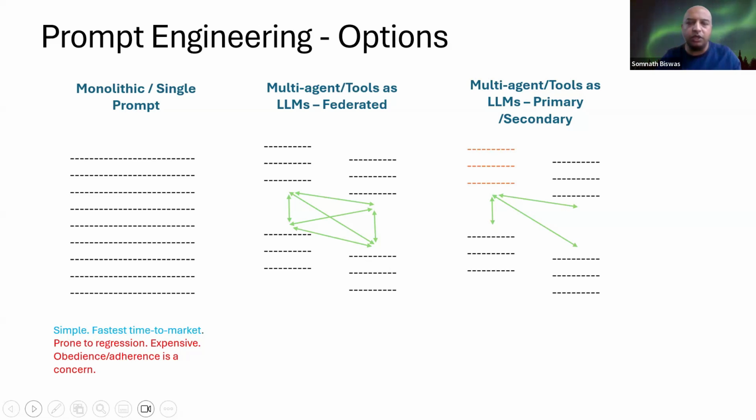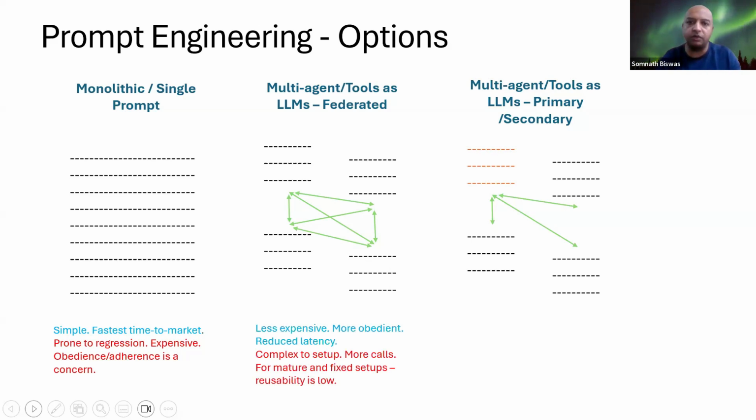So obedience to the guidance being provided was an issue, which is why we tried out the experiment with the multi-agent tools part of it. And the federated approach, we started off with that. Again, keep in mind, if you're starting off and looking for a simple implementation, this is not for you. It's only when you have a good handle of what your flow could look like, and you have a sense of what your agents will be, that you can actually bring this in.